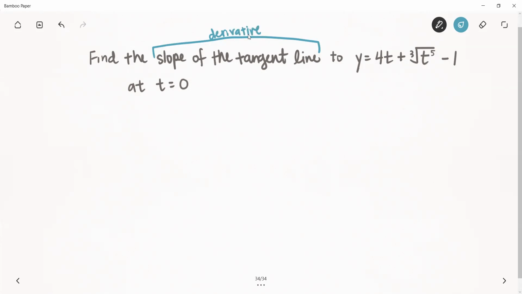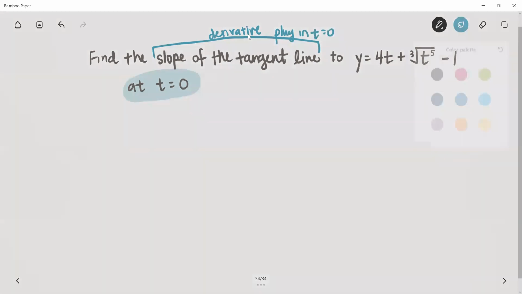But I want to keep reading. I know it's not going to be as simple as that, because the context is probably asking me to find it in a specific location. And I can see at the end it does give me. So I'm going to find the derivative and then plug in t equals 0. That's all I got to do.